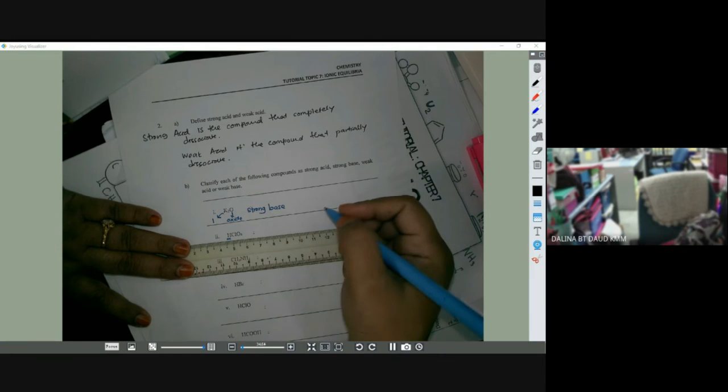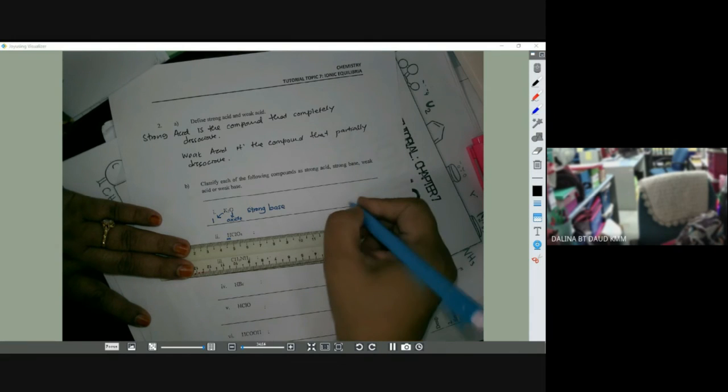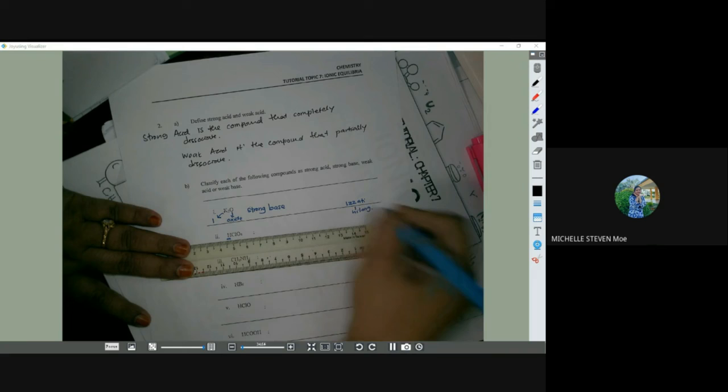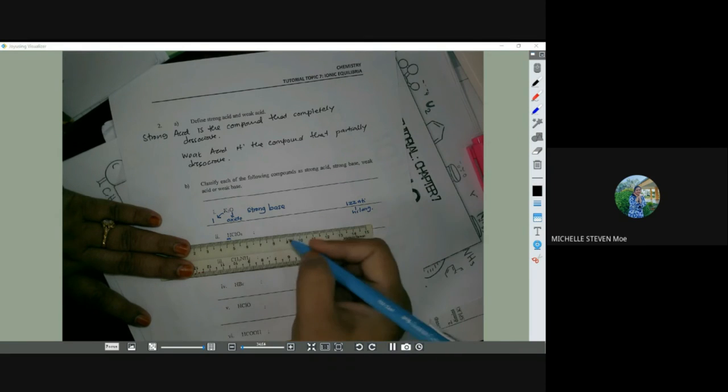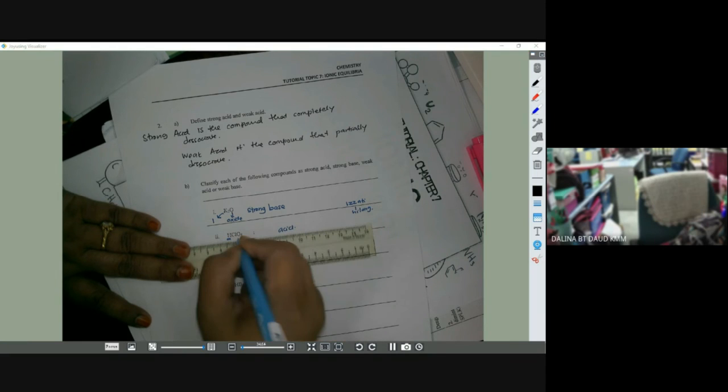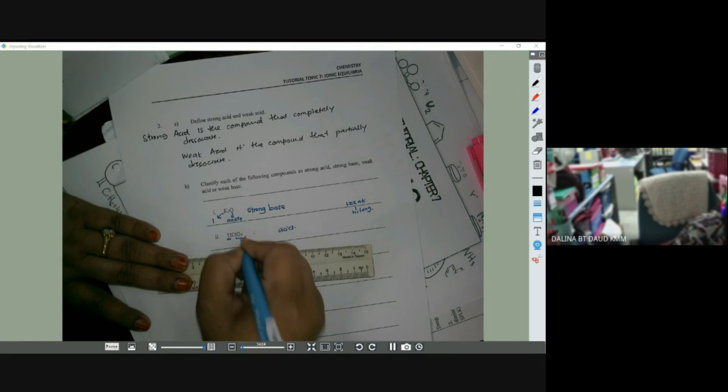Okay, Michelle tolong. Strong acid. Betul. Kenapa awak kata dia strong acid? Sebab dia O tu lebih pada 2. Okay, betul. Greater than 2. So this is strong acid.